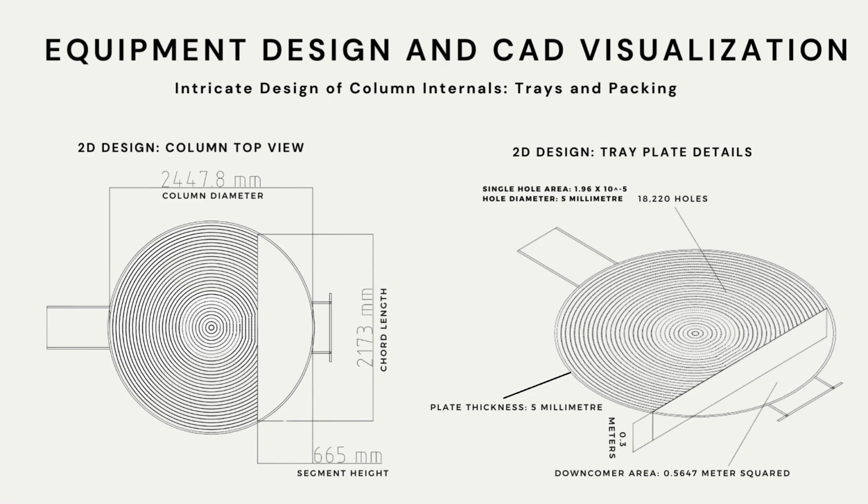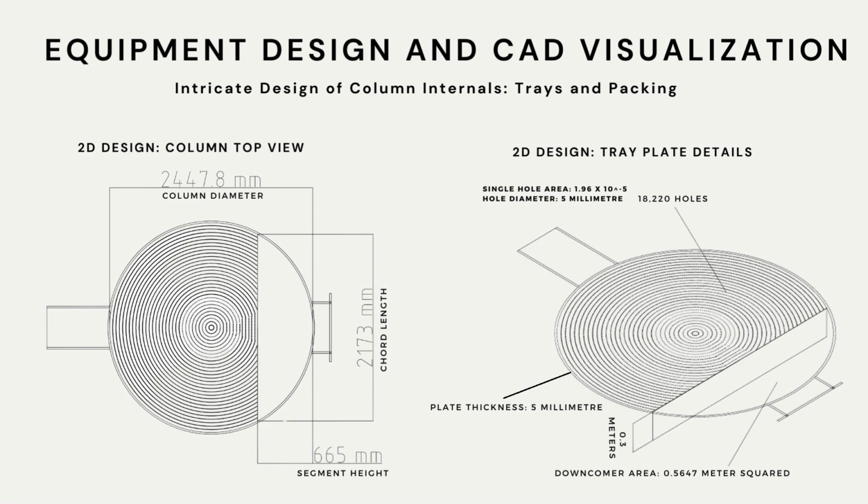In the detailed 2D design of the tray plate, we focus on critical specifications to ensure optimal performance. Each hole on the tray plate has an area of 1.96 times 10 to the power of negative 5 square meters and a diameter of 5 millimeters, with a total of 18,220 holes distributed across the plate.